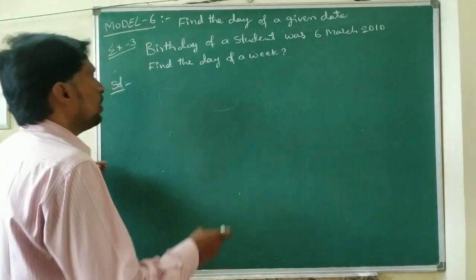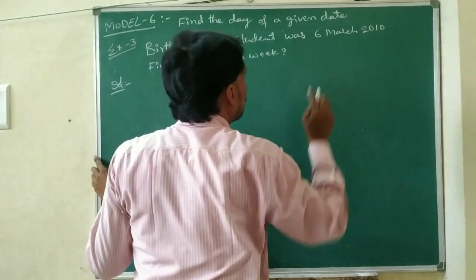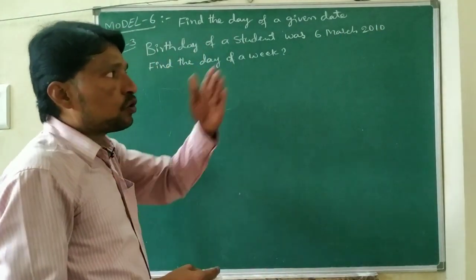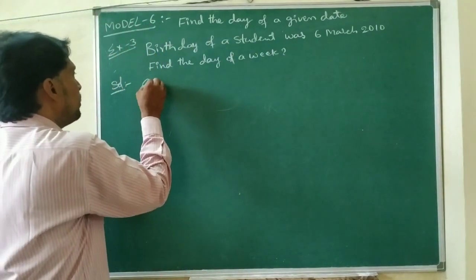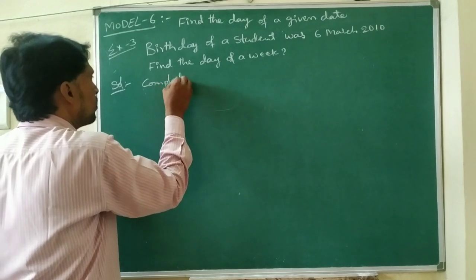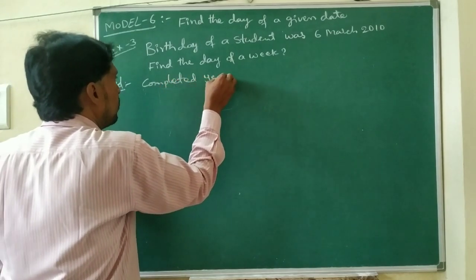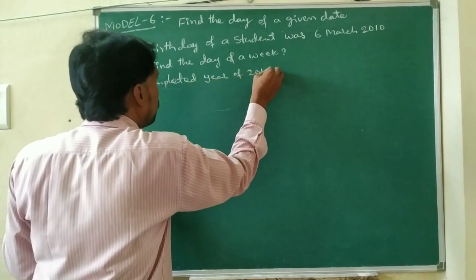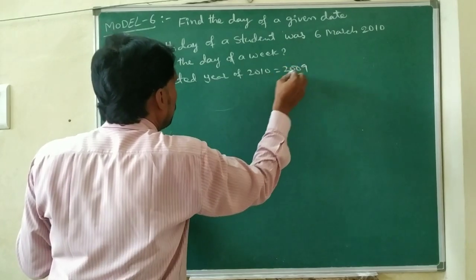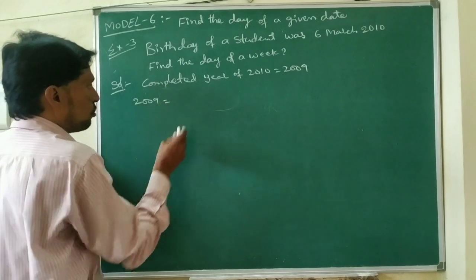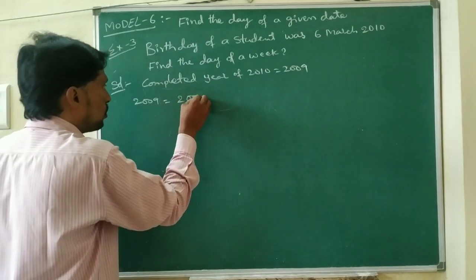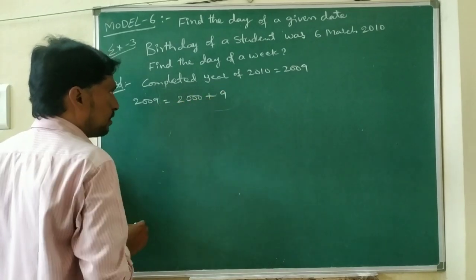So see here, 6th March 2010 means up to completed years only we need to calculate first. So completed years of 2010 equal 2009 only. So 2009, how we have to take? 2000 plus 9 years.